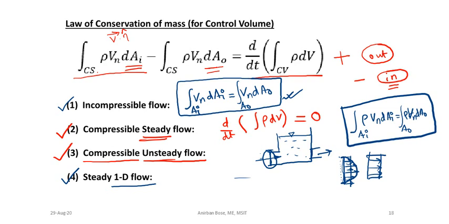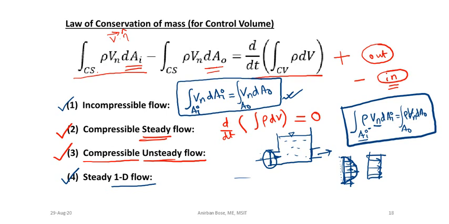Across the whole inlet, this density is not going to change, and the normal velocity is not going to change either. So these quantities can be taken out of the integration.